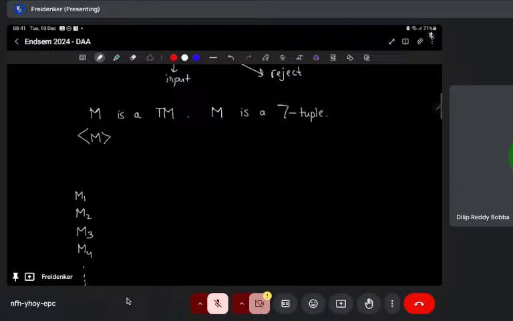This is nothing but the description of M. So what kind of a description? It has all the necessary information about M. It is in the string. So since it's a string, this description is a string. I have nothing more to say.